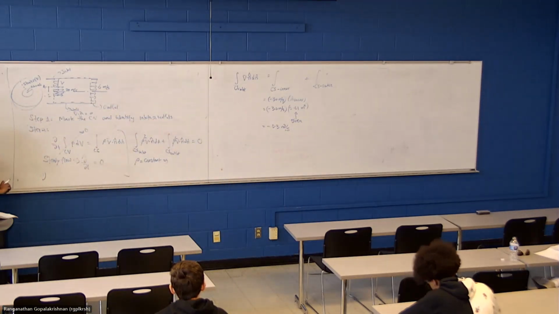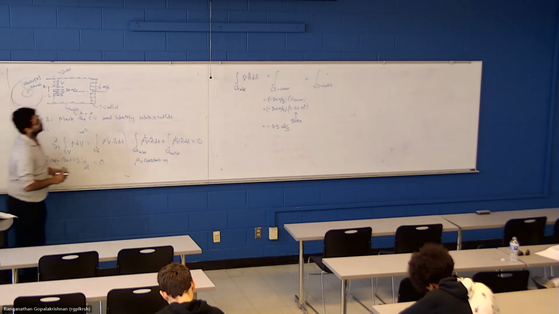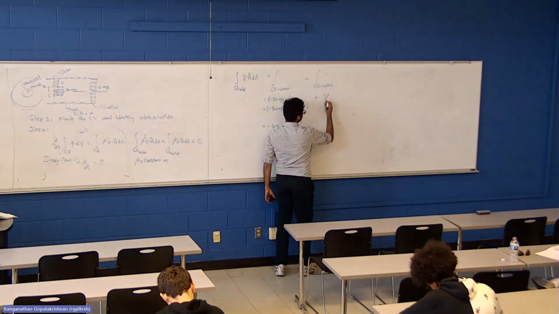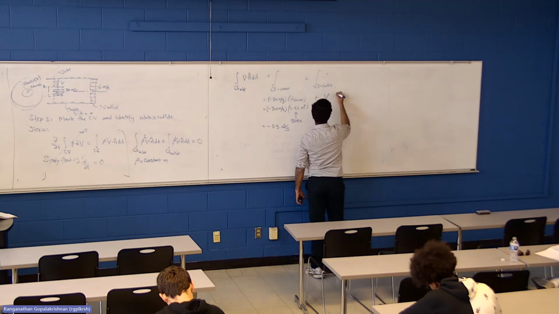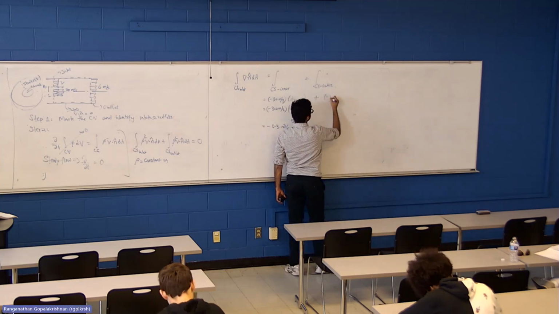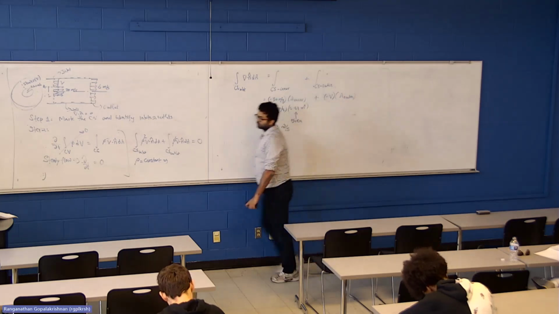Okay. What about the outer? The outer velocity is not known, we'll call it V, multiplied by minus 1 times A outer.